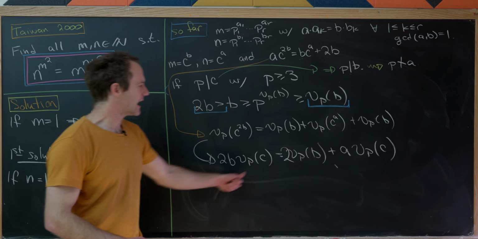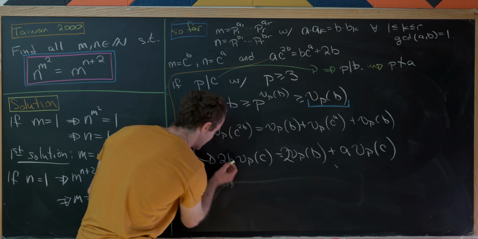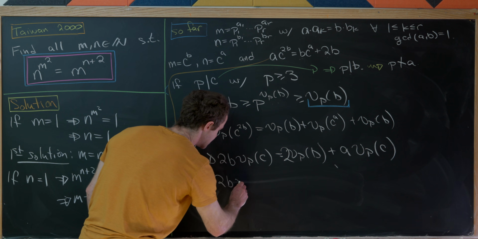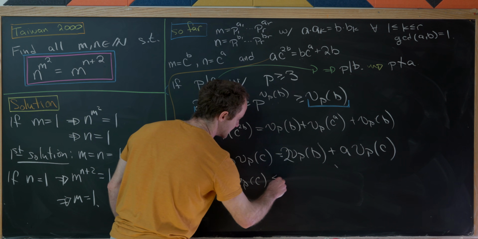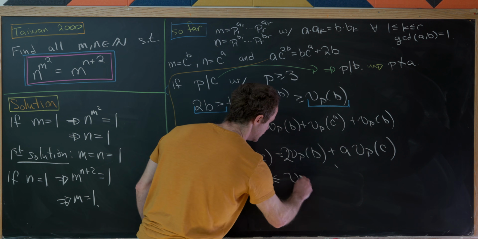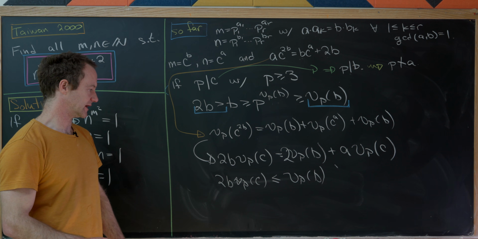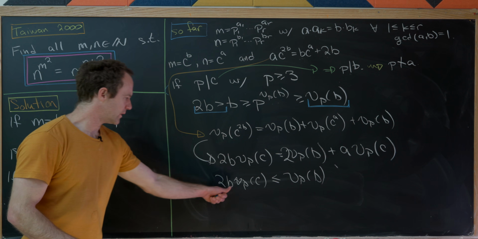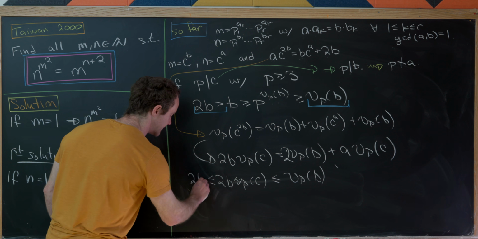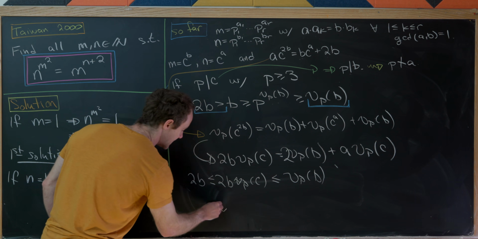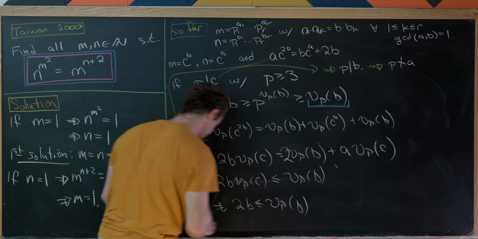But now we can drop some terms and pick up an inequality. We'll have 2b times nu p of c is in fact less than or equal to nu p of b. Like I said, we dropped some terms and got an inequality. Now we can drop this nu p of c and push it further, and in the end, we have 2b is less than or equal to nu p of b.